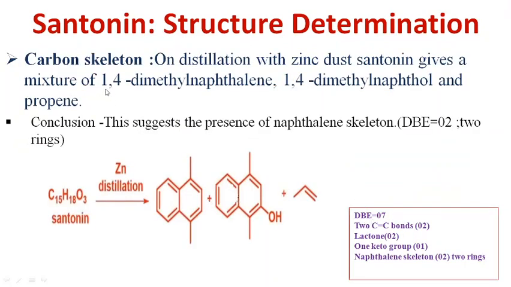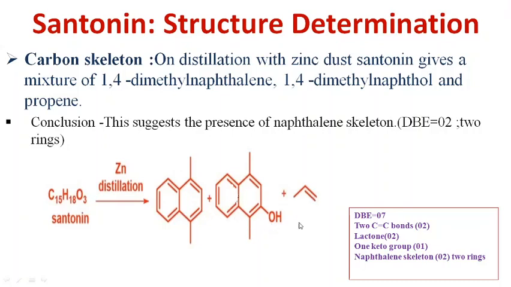Next we come to the carbon skeleton of Santonin. This carbon skeleton can be verified with a reaction: distillation of Santonin with zinc dust gives a mixture of 1,4-dimethyl naphthalene, 1,4-dimethyl naphthol and propene.